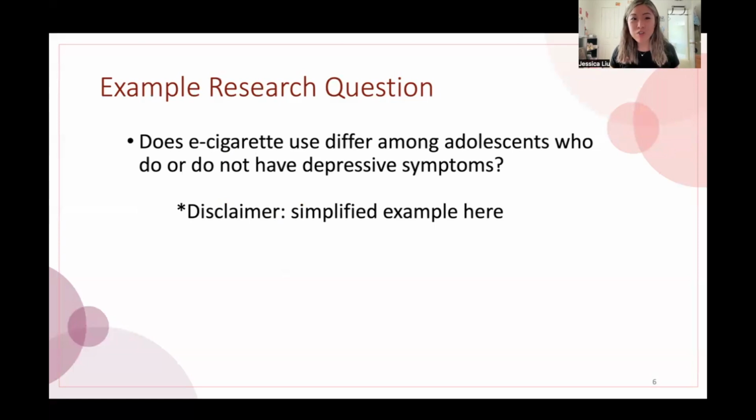Now, I do want to say a quick caveat that this is an oversimplified example here. The terminology used is very simplistic. Depressive symptoms occur on a continuum, but just for the purposes of this example, and to make sense of the different terms, I am using very simplified language.